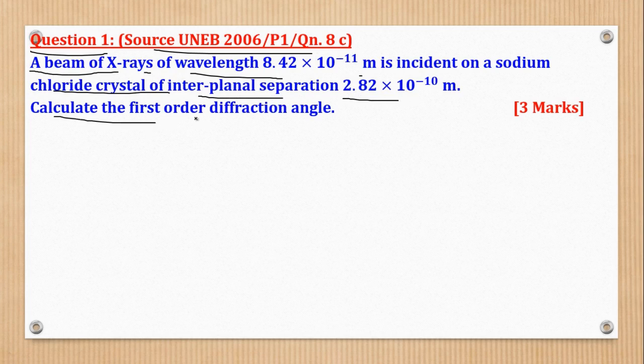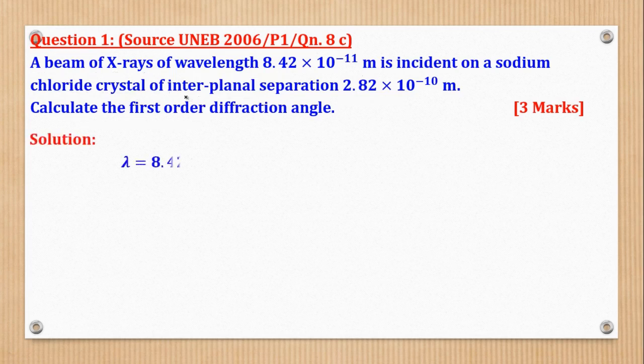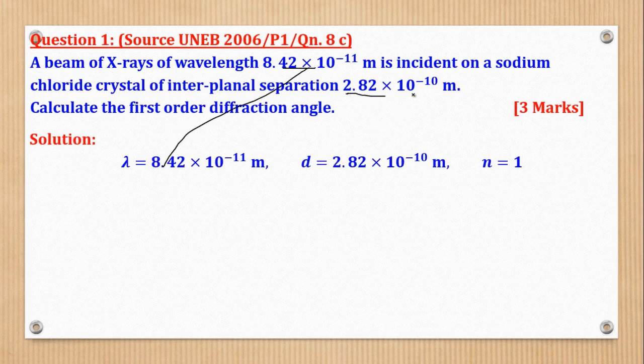Calculate the first order diffraction angle. When you hear this word first order, it means that the value of n is equal to 1. So we shall first state what is given. We are given the wavelength. We are also given the separation. And we are given the value of n because they said first order.